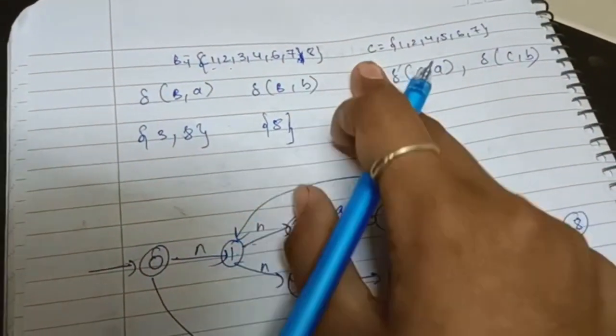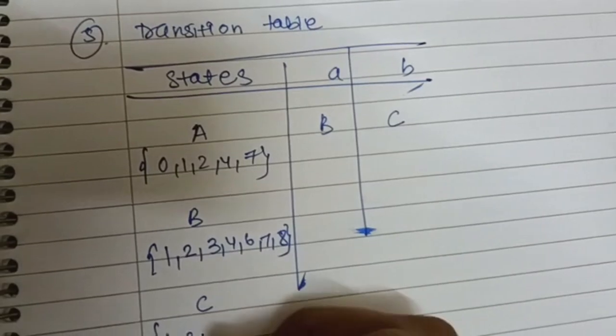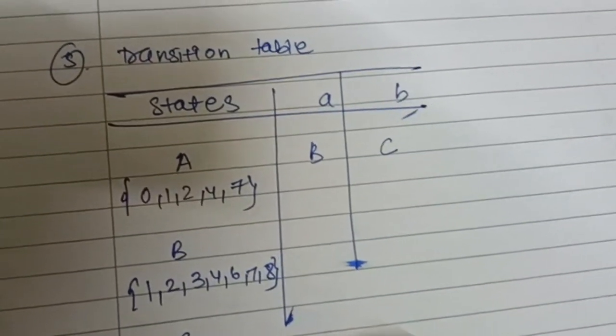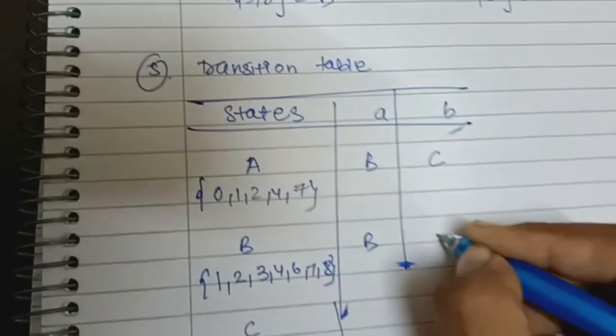For C we had 1, 2, 4, 5, 6 and 7. See, from B we got B and D.